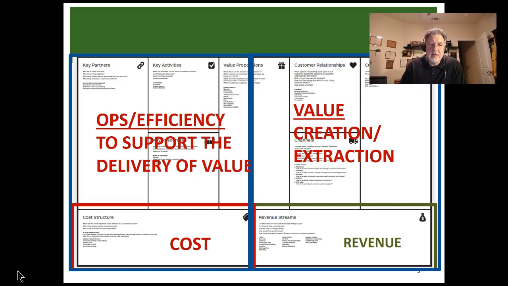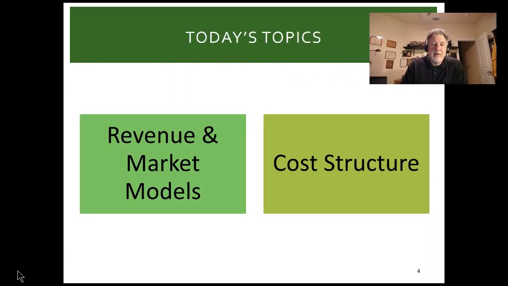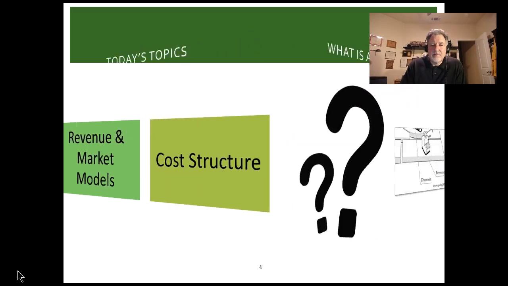I think the take home here is value creation, extraction will create revenue, and that how we manage our business from an operational standpoint and how efficient will drive our cost structure. And these will be two pieces that we will talk to in more detail through this lecture and throughout this course. So let's talk about revenue, market, and market models.